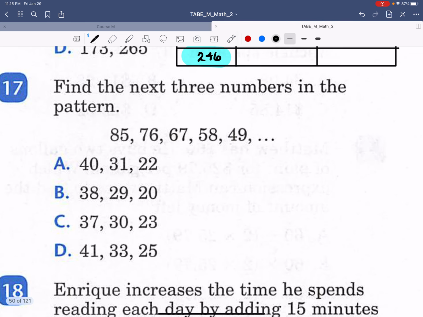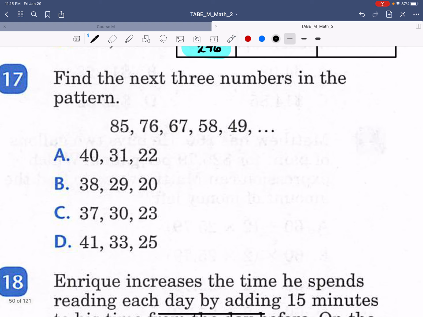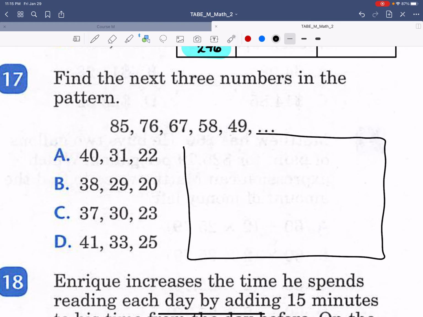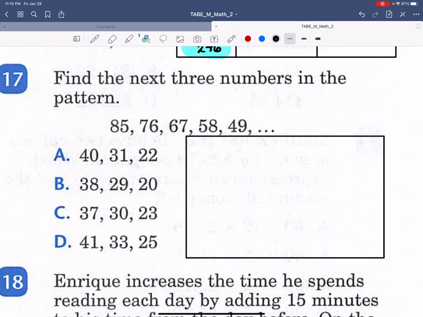Okay. Find the next 3 numbers in the pattern. So I need a table. 1, 2, 3, 4, 5, and we're supposed to find the next 3. So I would go with 8 plus 1 row for the header.